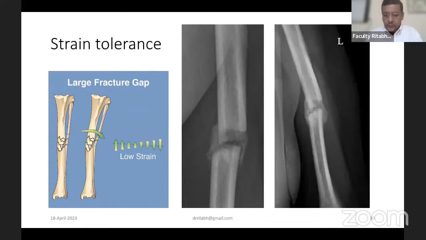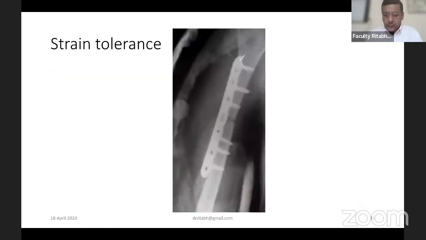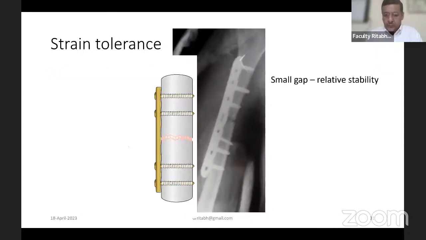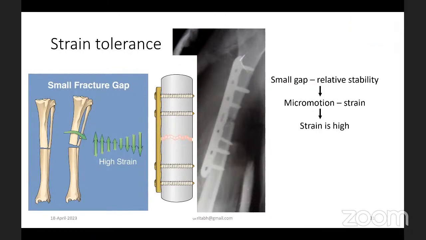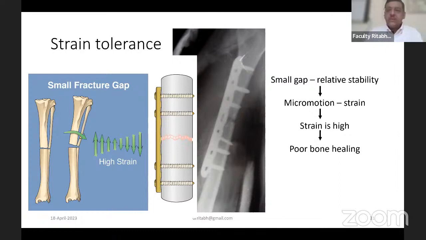On the other hand, the strain tolerance in this small fracture gap was very high. Absolute stability, this was relative stability. So there was micromotion. This micromotion created high strain on healing tissue. When there is high strain on healing tissue, the chances of granulation tissue forming will be higher. And this is eventually what led to poor bone healing.